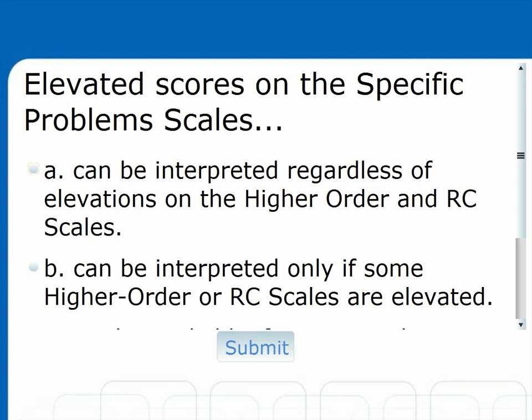The key thing to remember is the order in which you interpret the substantive scales. And again, we always begin with the higher order scales if there's an elevation, move on to the RC scales in our interpretation if there's an elevation, and then finish up with the specific problem scales and the Psi-5 scales, again, if they're elevated, of course.